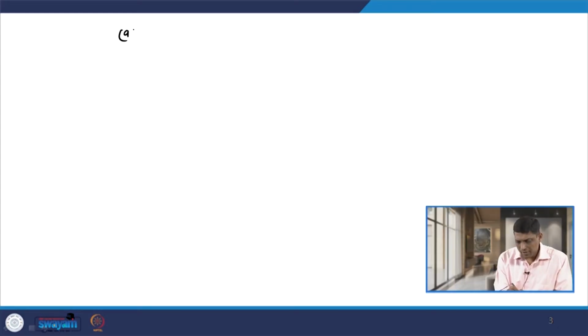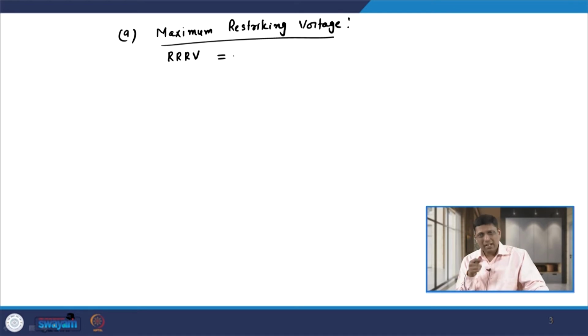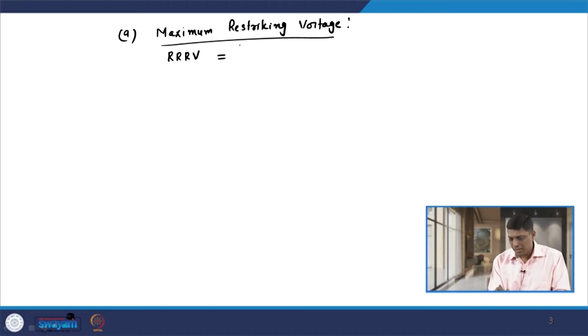The first part is to find the maximum restriking voltage, which, as I told you, is your RRRV. We have already considered the equation of RRRV: it is given by EM, the maximum value of the voltage, into 1 minus cos omega t.